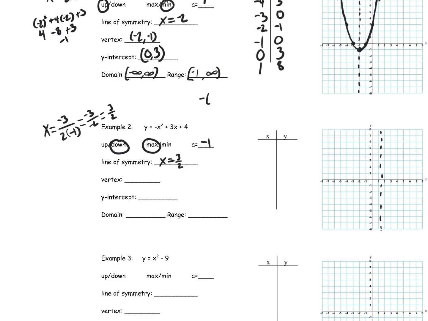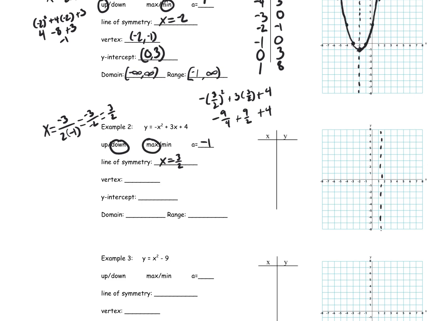So negative, and then we do the parentheses, 3 halves squared plus 3 times 3 halves plus 4. So 3 halves squared is going to be 9/4, so that's going to be negative 9/4. 3 times 3 halves is going to be 9 halves.